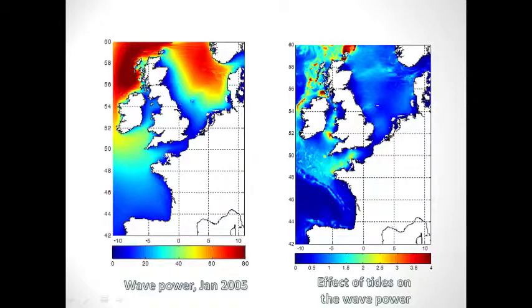In particular, the regions in the northwest of Scotland, Pembrokeshire, and also Orkney are the places where the wave-current interaction effects are dominant, this whole region.